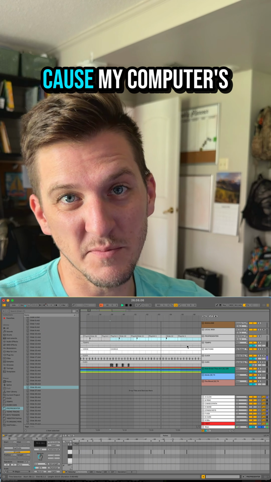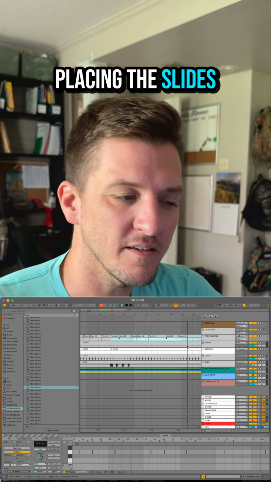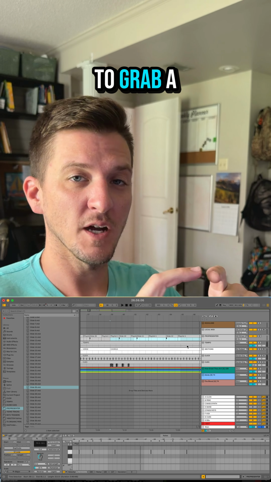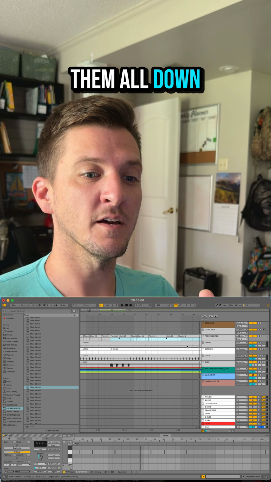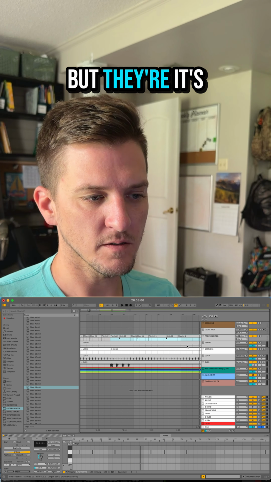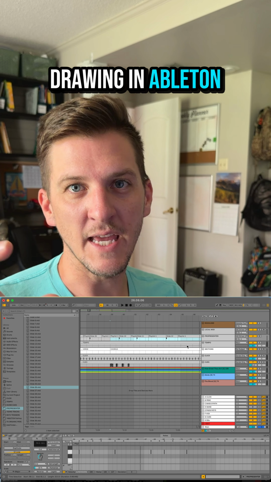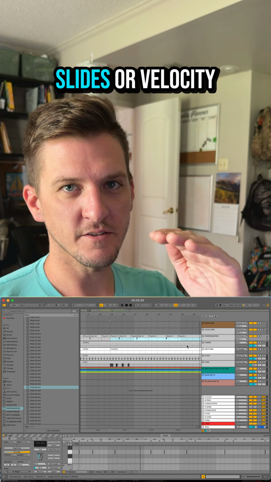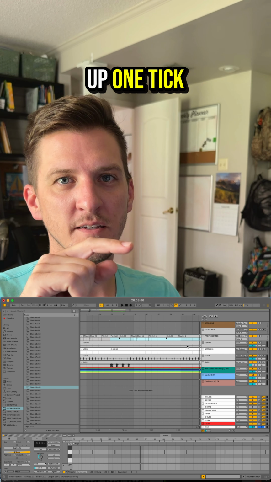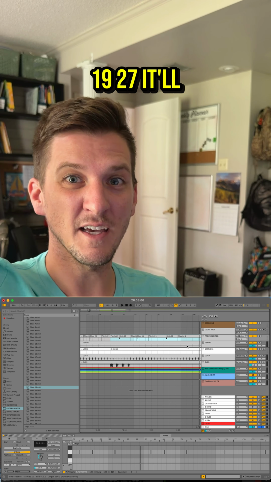The lyrics are coming up late because my computer's running very slow. What I was saying about manually placing the slides instead of doing velocities, I wish there was a way in Ableton to grab a whole section of velocities and just bring them all down by 1, 2, 3 ticks, but it's a logarithmic drawing in Ableton. So if I grab velocity 10 through 15 and I try to take it up 1 tick, it'll go to 11, 13, 15, 19, 27.